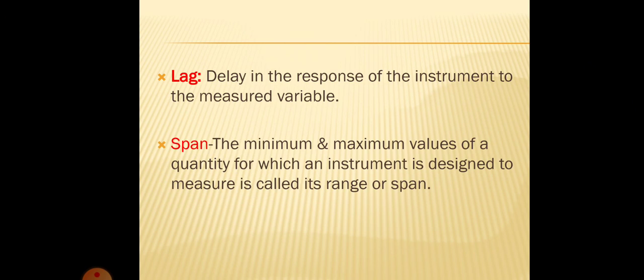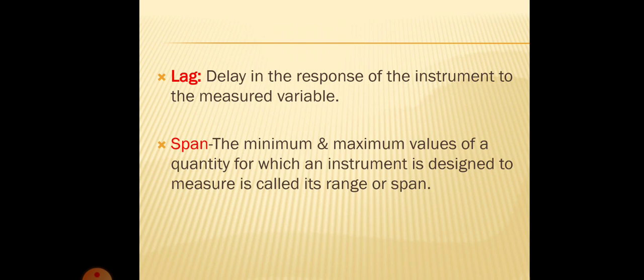Then the next point is lag. Lag is an undesirable characteristic of the measuring instrument. As we have discussed previously, lagging behind means we are not getting the output on time. It means the instrument is lagging behind.